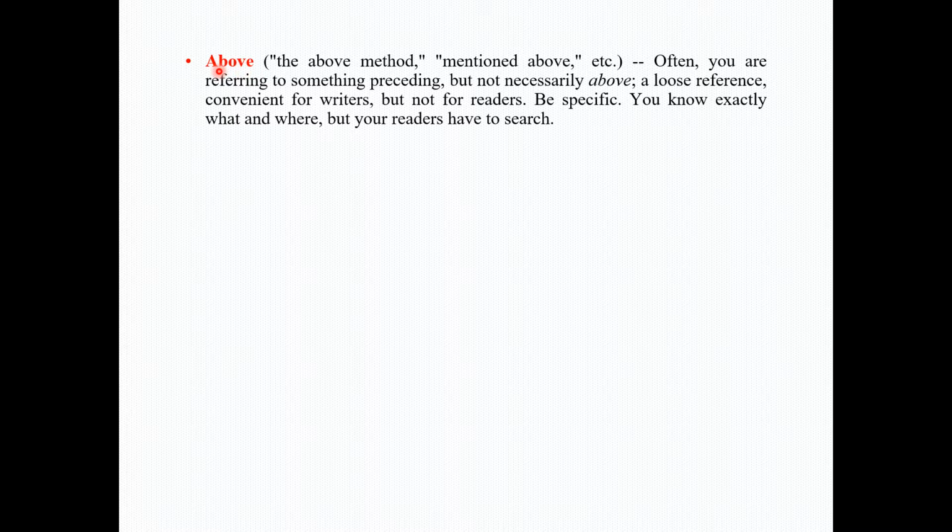Whenever you see the word above, it would mean the above methods, mentioned above, etc. Often you are referring to something preceding, but not necessarily above. A loose reference, convenient for writers, but not for readers. Be specific. You know exactly what and where, but your reader has to search.